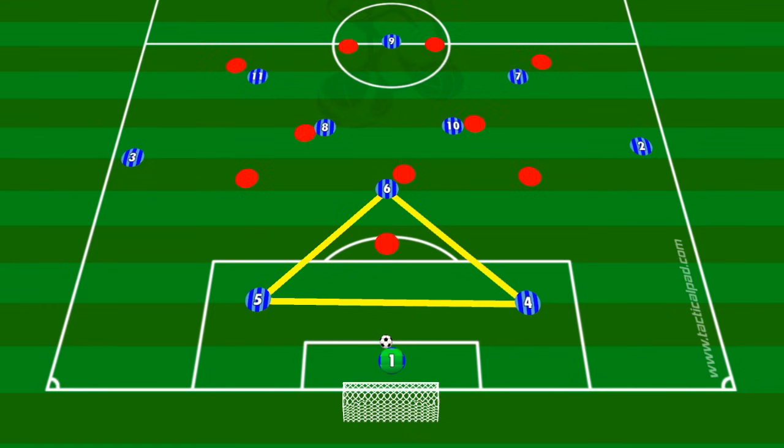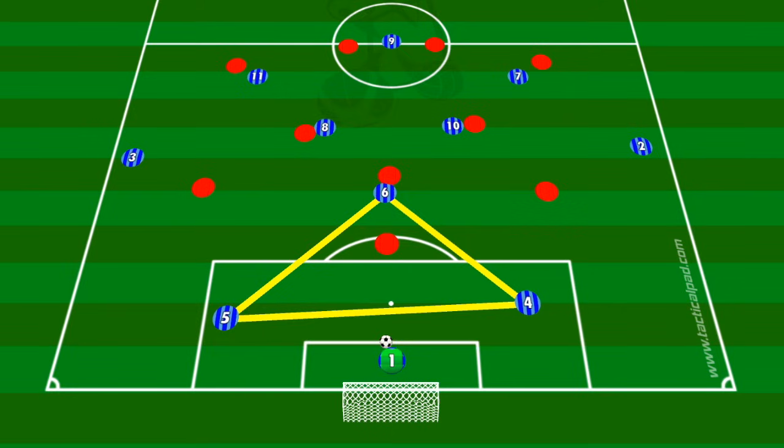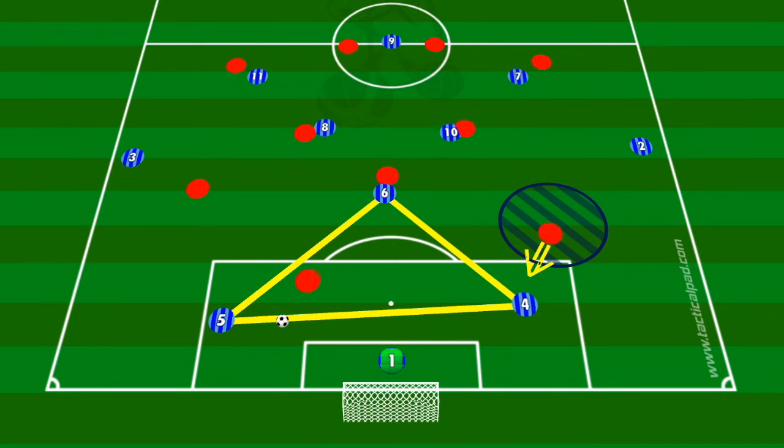But I think there's part of it that gets overlooked in a big way, and that is the role of the 6, not in terms of breaking pressure or finding space. The role of the 6 in terms of reading the opposition press, so seeing what type of pressure is going to be implemented by the opponent, and then with that, finding the free player as the game is changing.